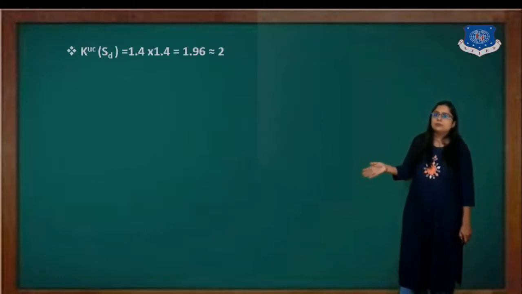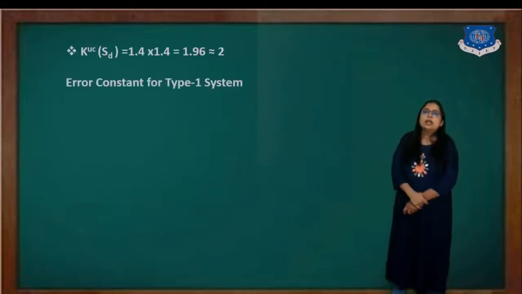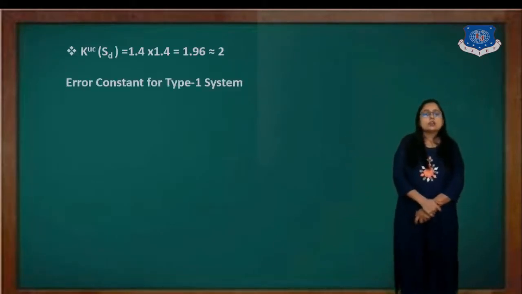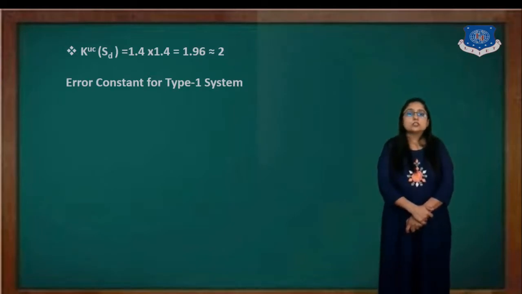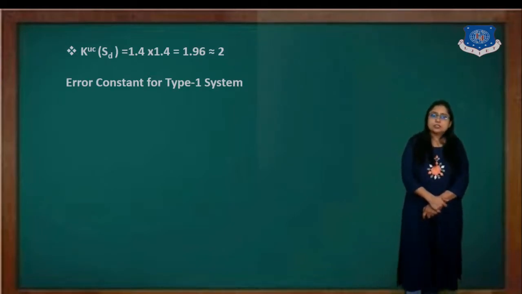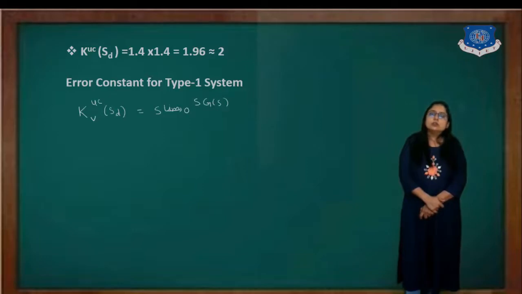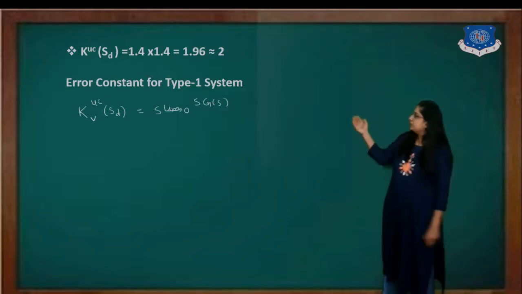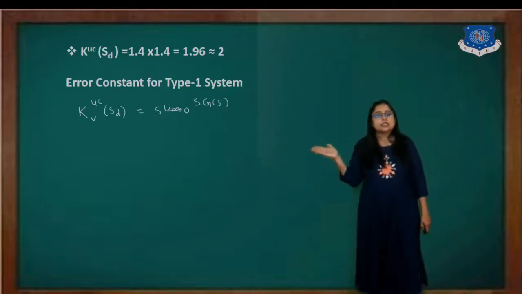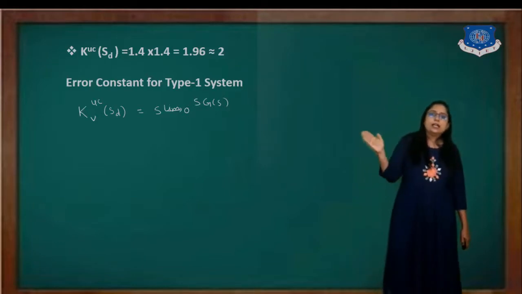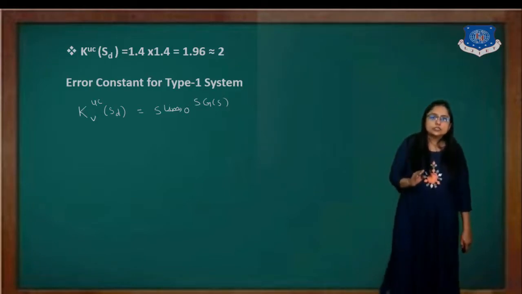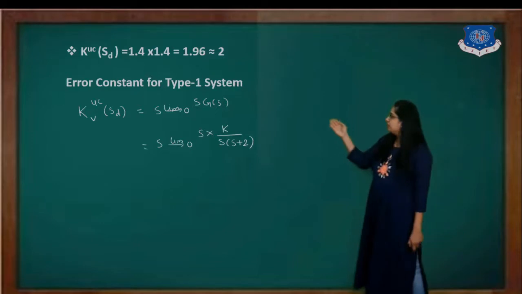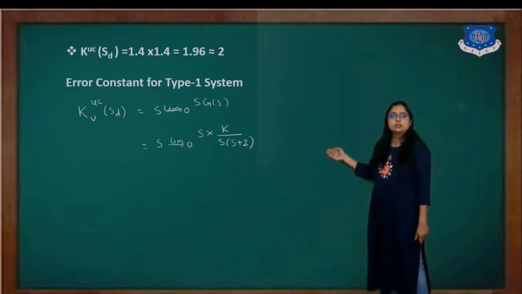Now next step, the error constant. This is a type 1 system because it's 1 upon S plus 2. So the equation for KV UC at SD is the limit as S tends to 0 of S into G of S. Now substitute the value of G of S, K upon S plus 2.